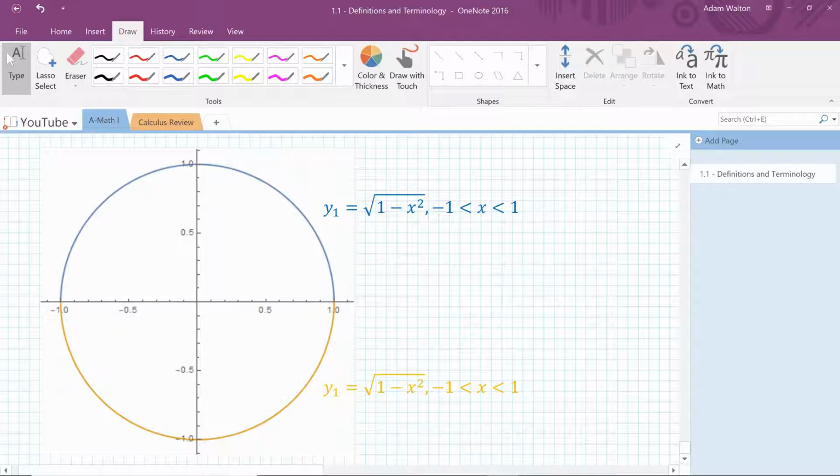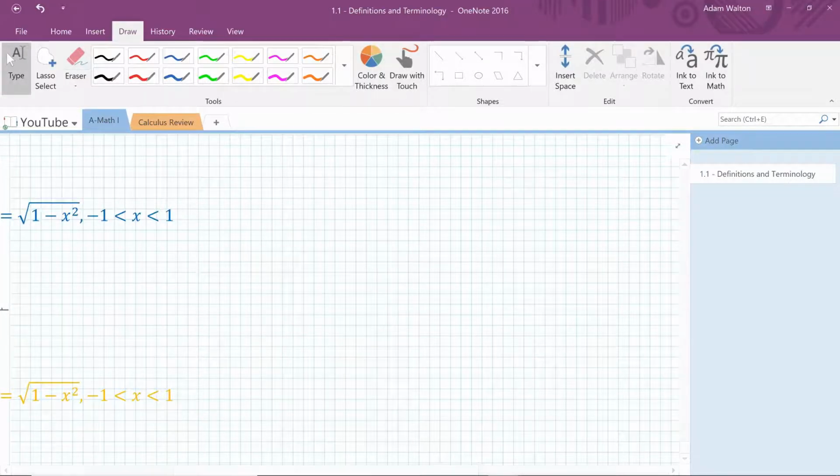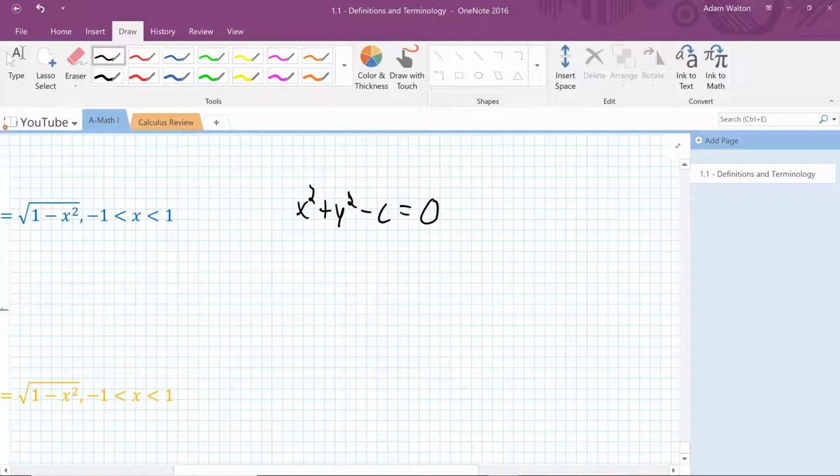So, if you think about it, any relation of this form, right? Any relation of the form x squared plus y squared minus c is equal to 0, right? All we're doing is just moving whatever constant was originally on the right side over to the left.